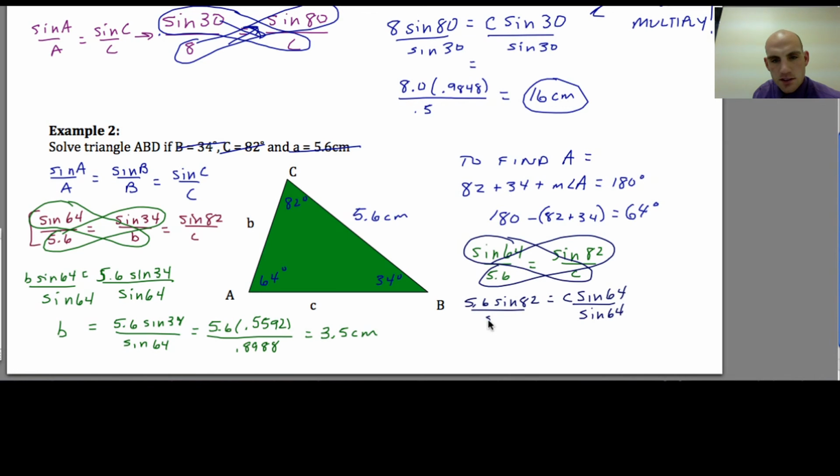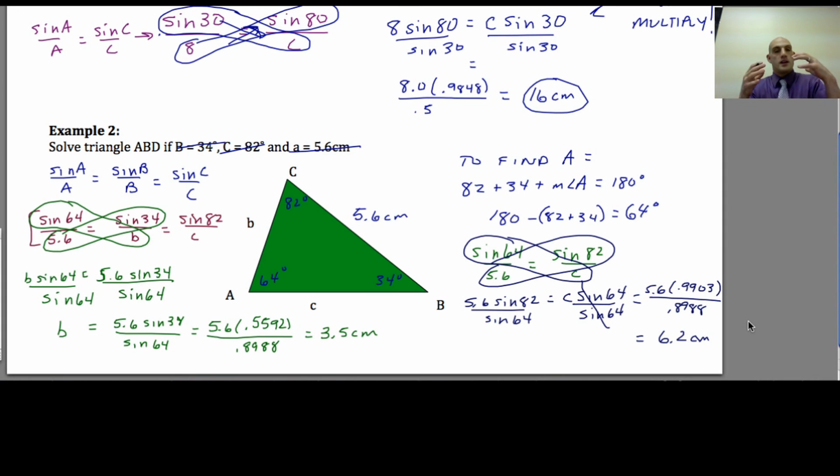I do all this calculation, remember, degree mode, because we're in degrees here. I'm going to solve for C. So that's 5.6 times 0.9903 divided by, and I kept my sine of 64 from my last problem, 0.8988. And when I do my calculation, I get that it's equal to 6.2 centimeters.